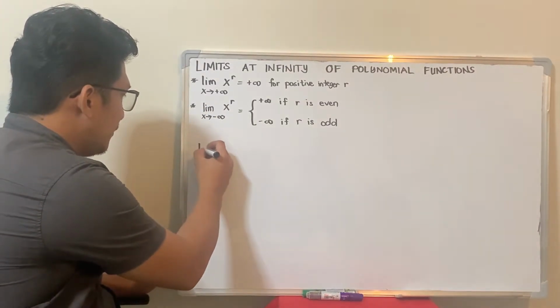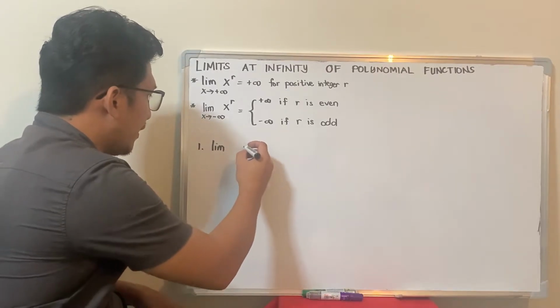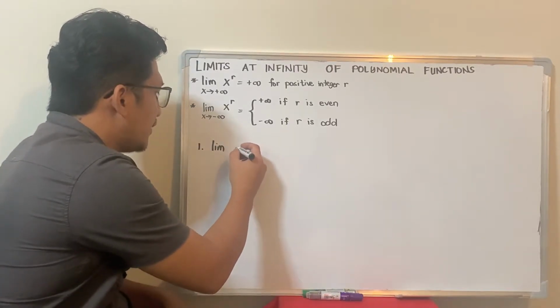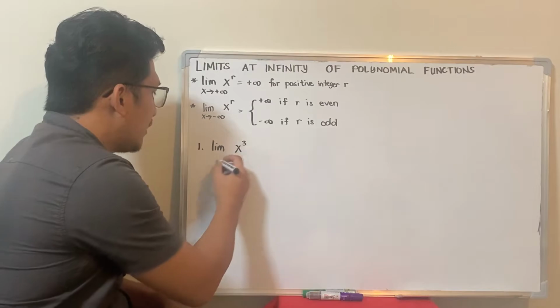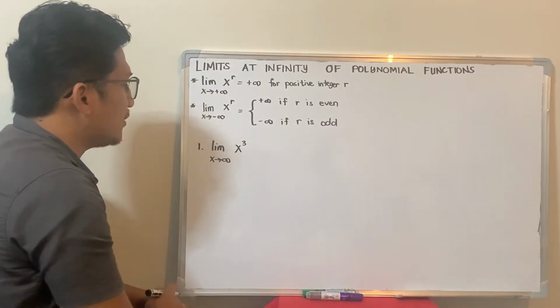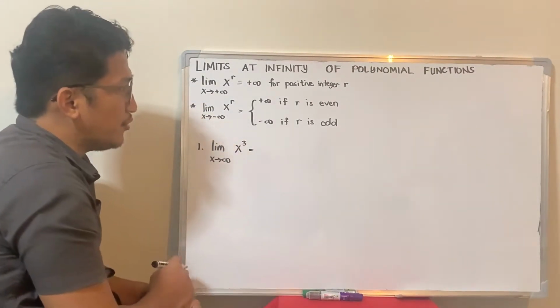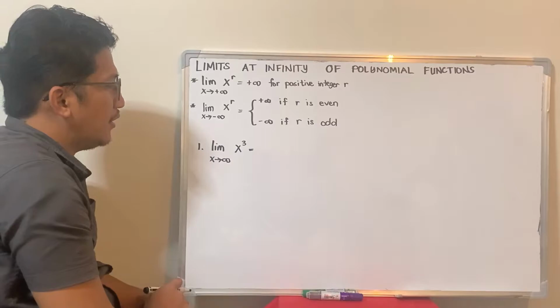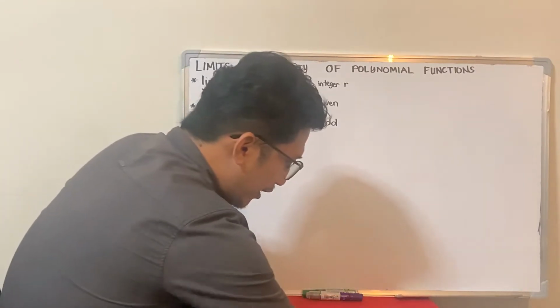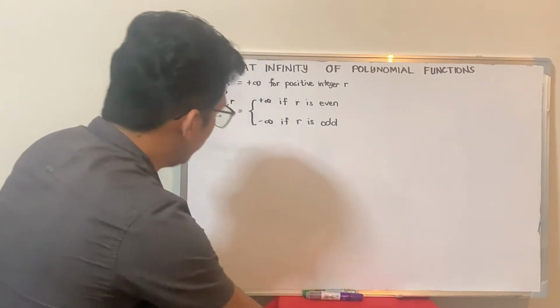So in number 1, if you are to find the limit of f of x, I mean the function is, let's say, x cubed as x approaches positive infinity, then that's no problem. Actually, you can just substitute without remembering this. Let's have the blue one again.